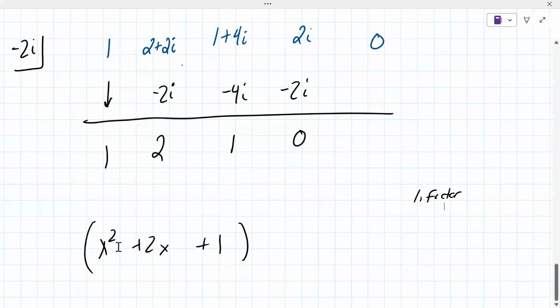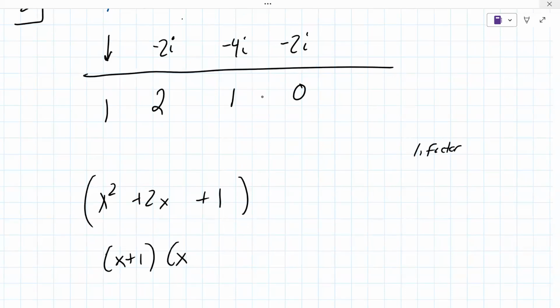So can you factor this for us? It's x plus 1 squared.